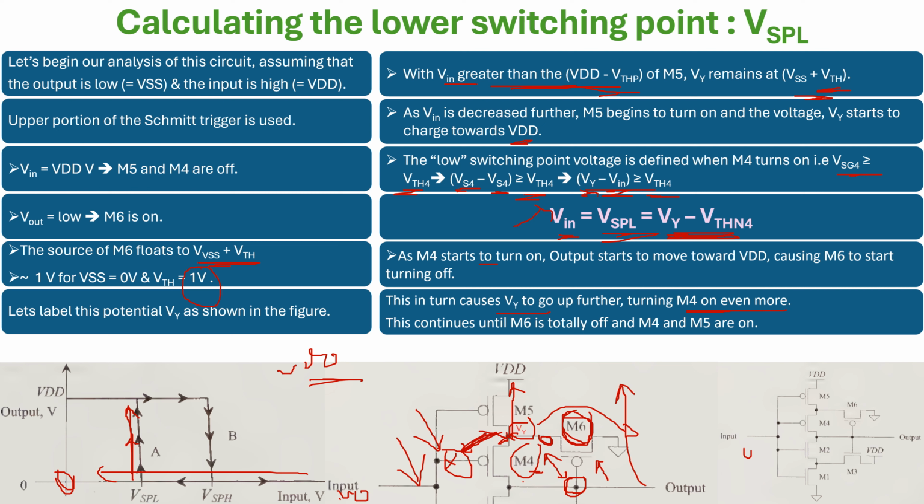M5 is only turning on, nobody is pulling it down, only M5 is pulling up. VS is pulling up, VG is pulling down, so VGS keeps increasing, and M4 gets turned on stronger and stronger. This continues till M6 is totally turned off, and M5 and M4 are turned on.